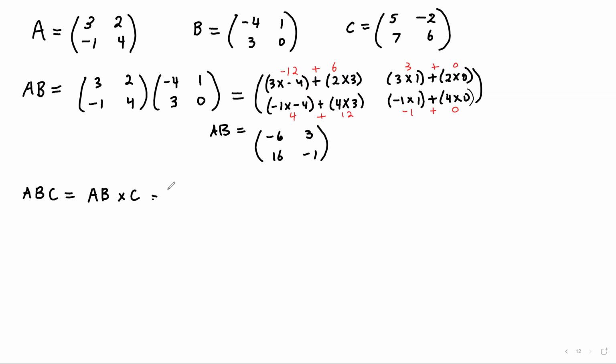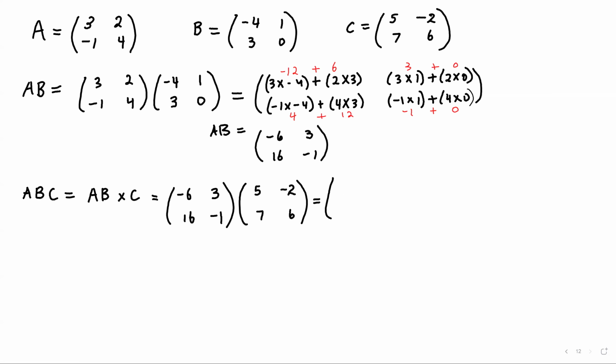So I'll just write that, which is -6, 3, 16, -1 times C, which is 5, -2, 7, 6. So this would give me, I'm going to use the finer pencil now.